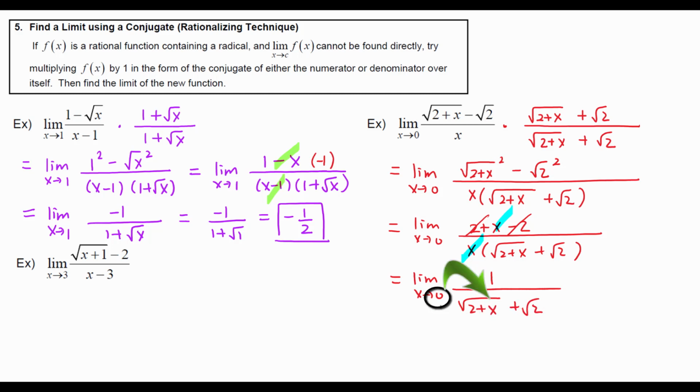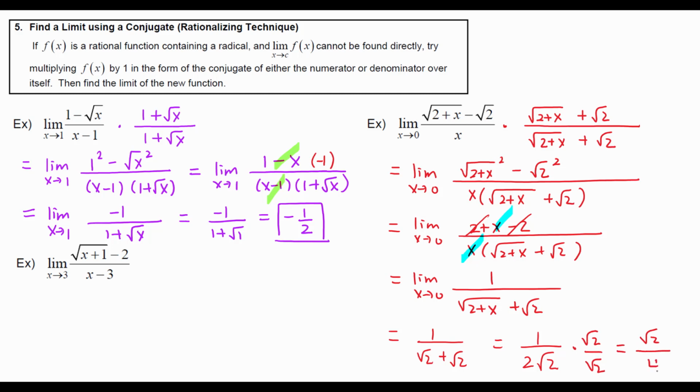And now you get to plug 0 for x, and that will be 1 over radical 2 plus radical 2. So the answer is 1 over 2 radical 2. And you can simplify this by multiplying top and bottom by radical 2. So your answer is radical 2 over 4. So your limit is radical 2 over 4.